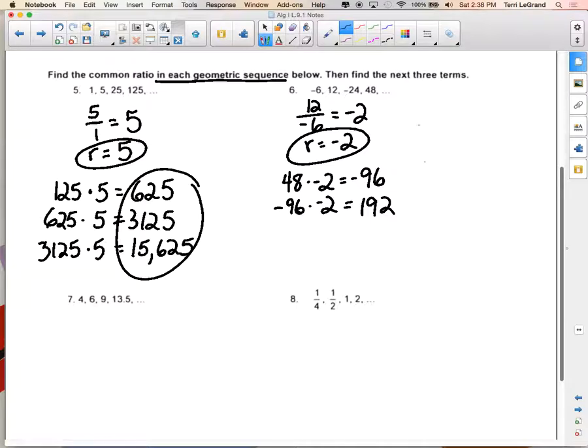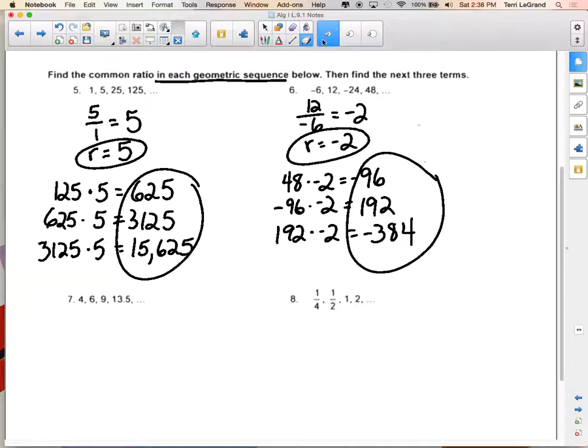And of course our next term should end up negative. And we have a positive times a negative, and we are going to end up with a negative. There's our next 3 terms. Whoops, kind of cut off the negative sign there. Let's get it back. Okay, so our next 3 terms of that sequence.